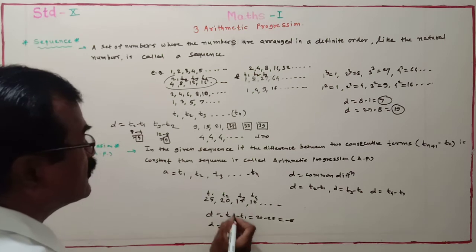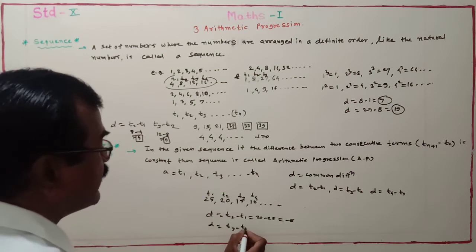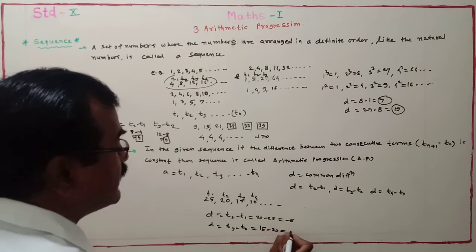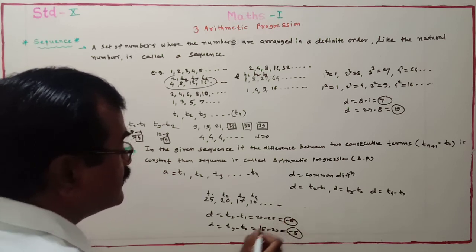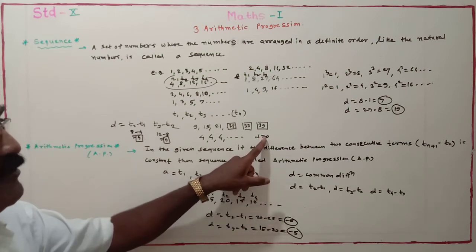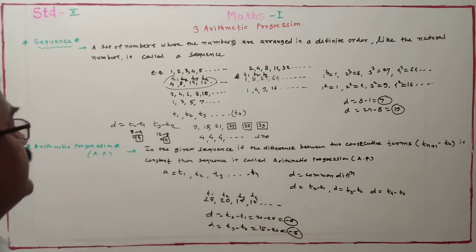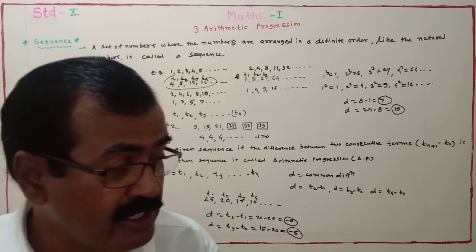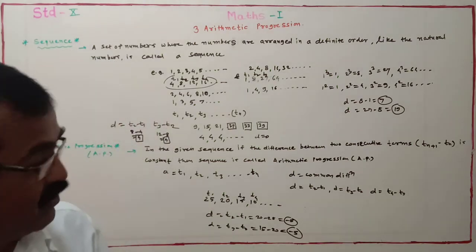D is equal to T3 minus T2, that is 15 minus 20, which is minus 5. This common difference is negative, the earlier one was 0, and others can be positive. Means in an AP the difference can be negative, positive or 0.